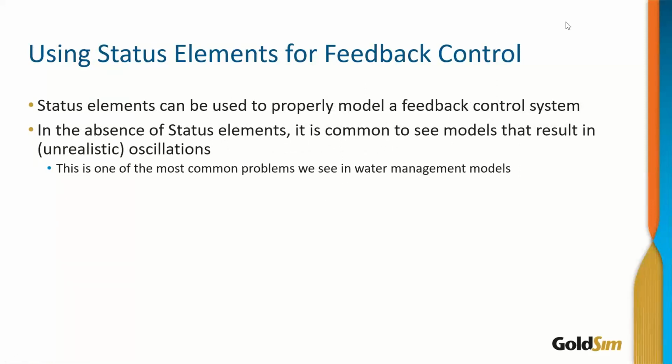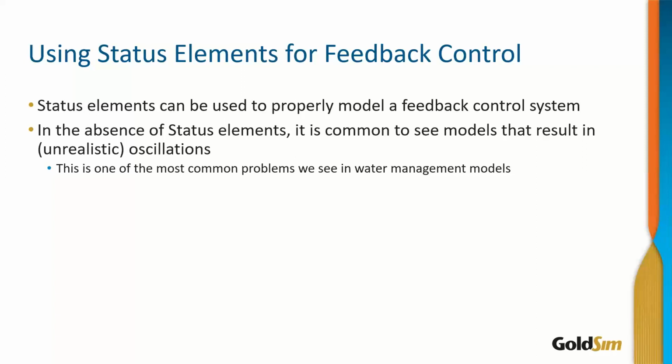Now, what I'm going to talk about next is probably the most important issue for water management models, and it's using status elements to monitor a feedback control system. Most water management models have a whole bunch of feedback control systems in them. What is a classic feedback control system? Well, you're turning a pump on and off in response to a water level.